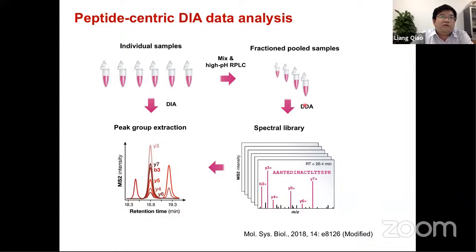Then for each fraction, we can perform the DDA analysis to generate, at the end of the experiment, deep coverage identification results to build the spectral library, which includes the retention time of the peptide and also the MS2 profile. On the other side, we collect the DIA data of each sample, and then we query the DIA data against the spectral library for identification.